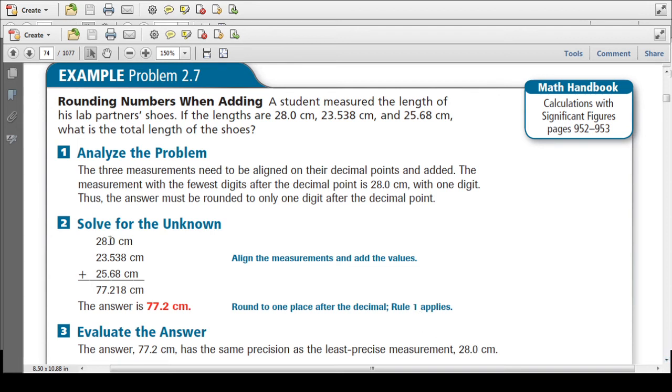So when we add these numbers up, we get 77.218, and because we only have this number right here with 1 digit after the decimal, we must report our answer to only 1 digit after the decimal. And again, if we look at this 2, we look at the 1, and because 1 is less than 5, we're just going to leave it as is.